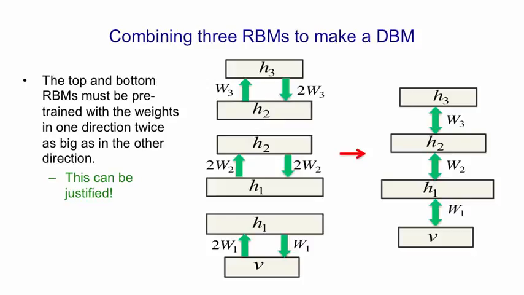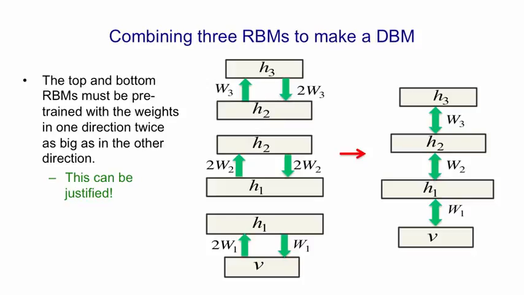The explanation is quite complicated, but I'll give you a rough idea of what's going on. If you look at the layer H1, we have two different ways of inferring the states of the units in H1 in the stack of restricted Boltzmann machines on the left. We can either infer the states of H1 bottom up from V, or we can infer the states of H1 top down from H2.